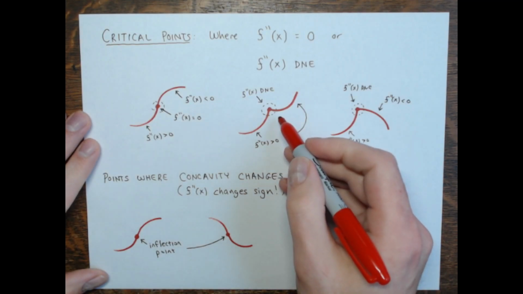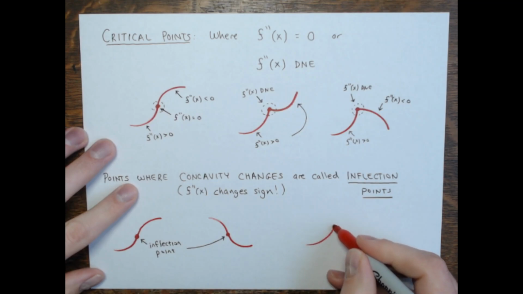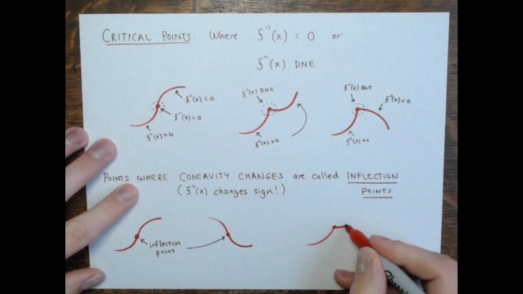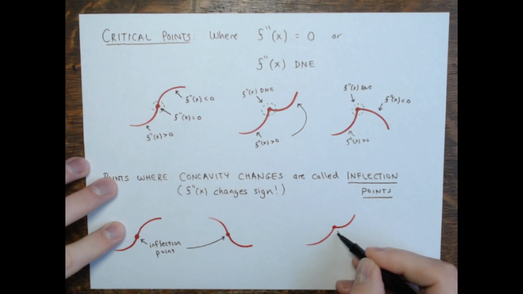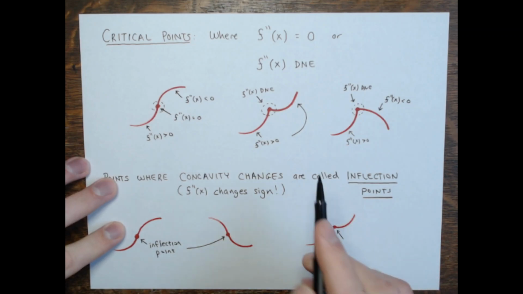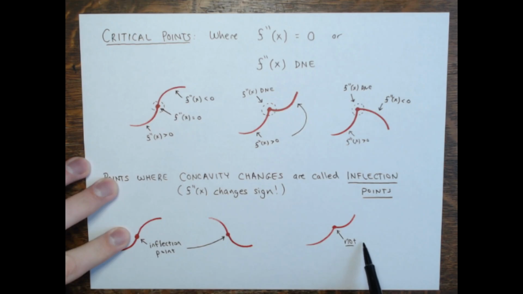And then the picture I had here, where it's concave up, then you hit a point and then concave up again, that's not an inflection point. Even though it's a critical point, right? The second derivative wouldn't exist at a place like this. This would not be considered an inflection point.